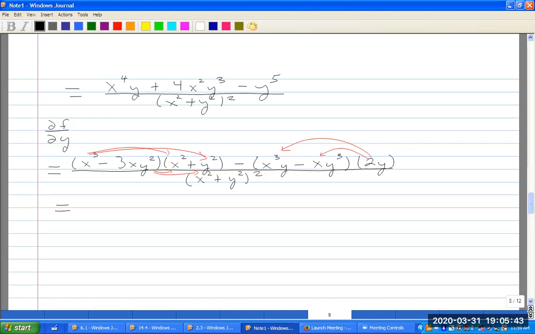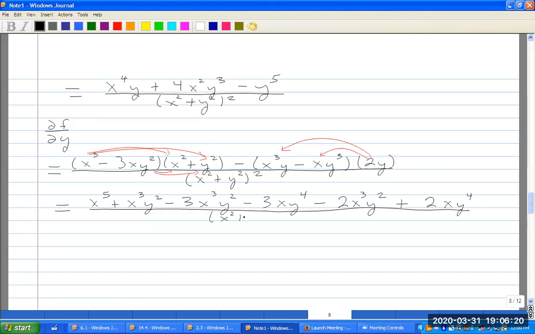So I get x^5 plus x^3 y^2 minus 3x^3 y^2 minus 3xy^4 minus 2x^3 y^2. Minus and minus become a plus 2xy^4, all divided by your denominator squared.